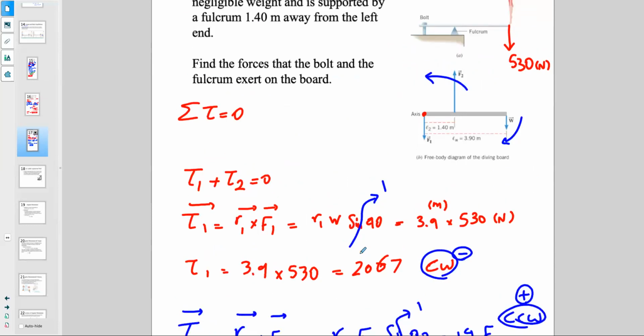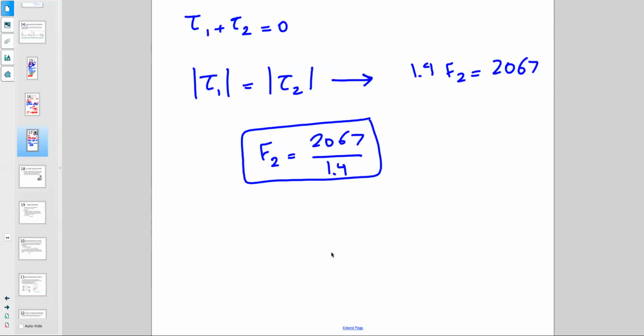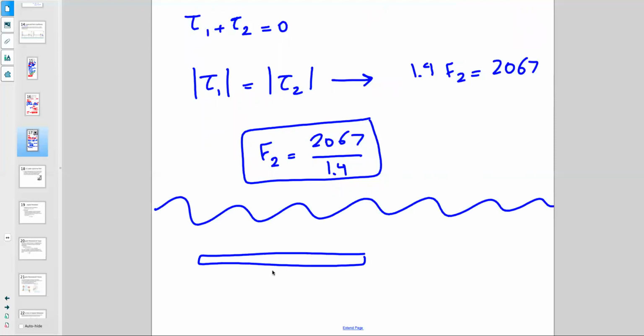Now, we had this freedom to choose the axis of rotation, and we chose it right there. Let's now consider it to be located at the point of the fulcrum. So that is the axis of rotation now.